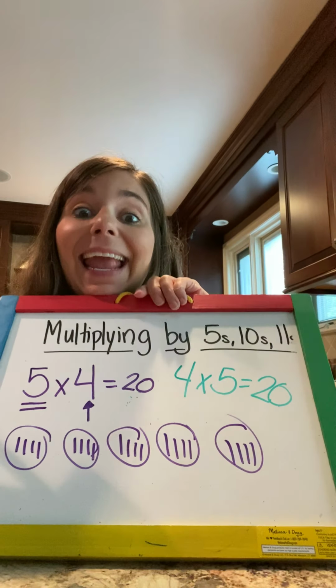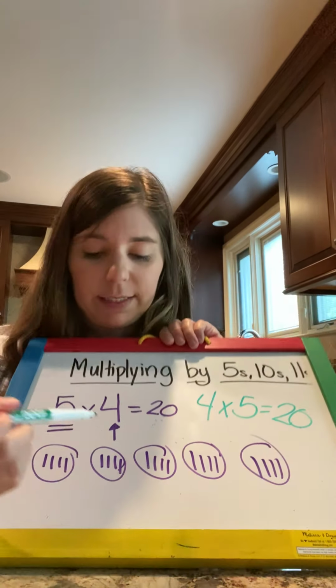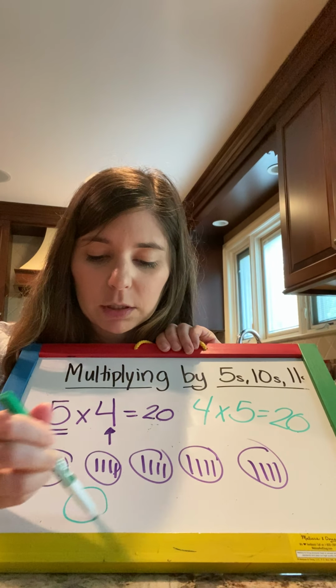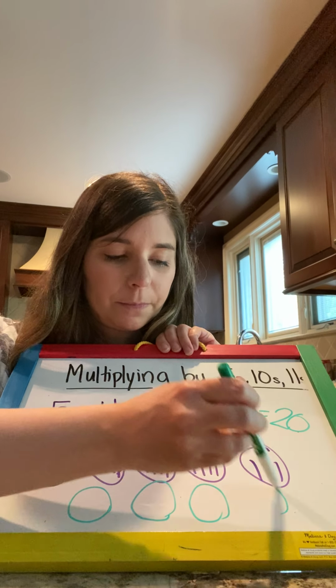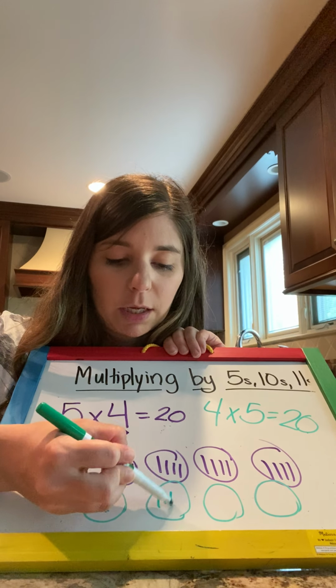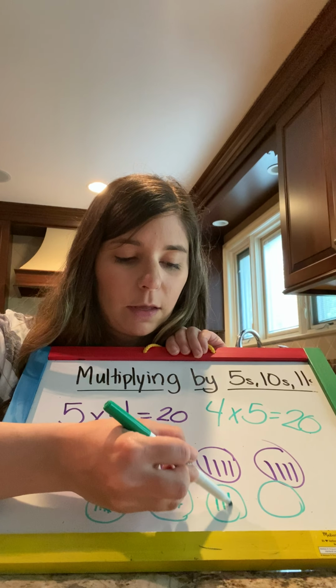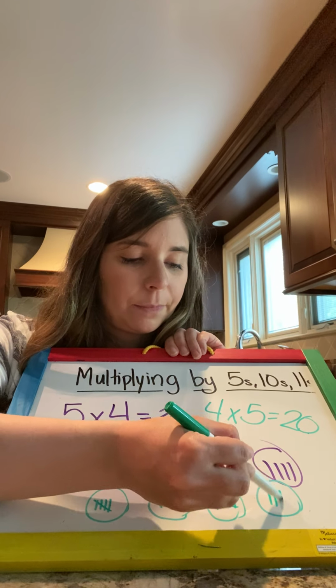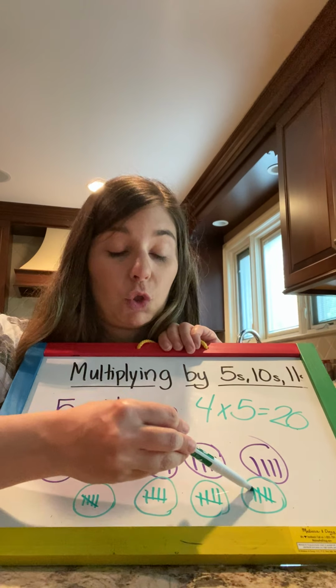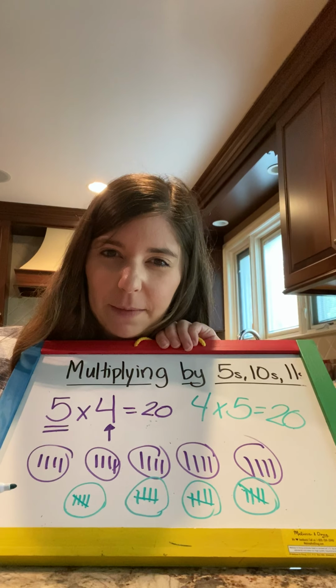Okay, it's the same. So when you look at this here, friends, okay, I can also make a picture that has 4 circles or 4 groups with 5 in each group. And that's actually a great way, because this way you can see me counting by 5s. Check it out. 5, 10, 15, 20. Are you with me?